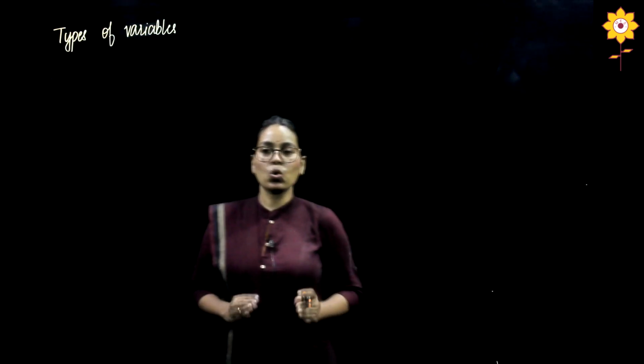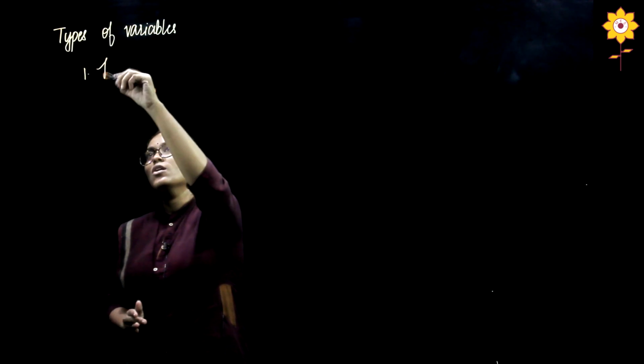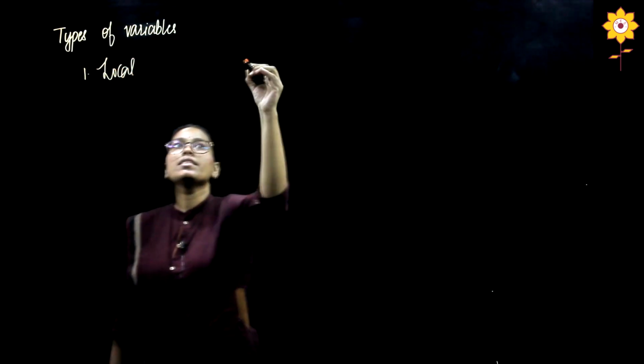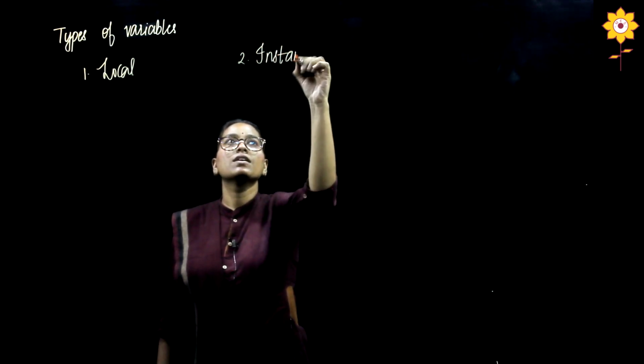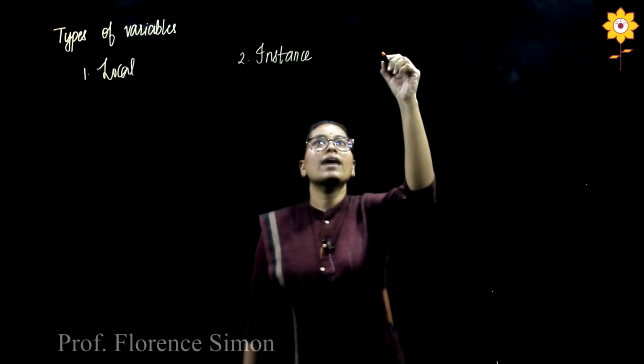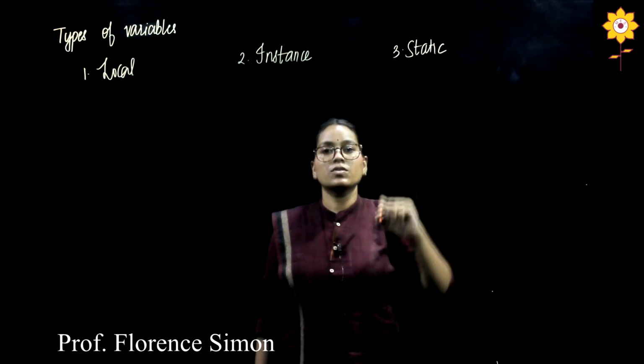In this video, we are going to learn about the types of variables in Java. So, in Java basically there are three types of variables. We have local variables, then we have instance variables, and then we have static variables.